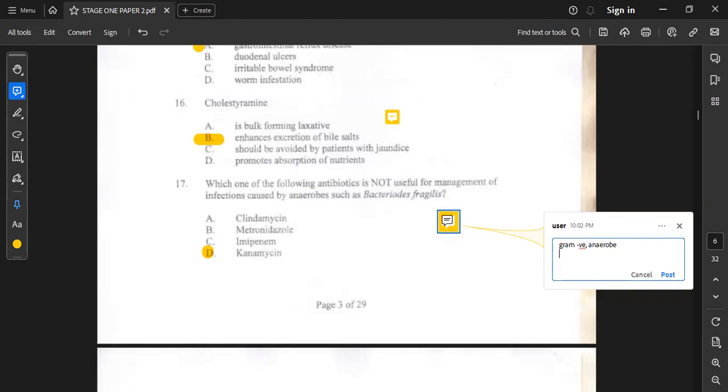It causes pelvic inflammatory disease. One of the diseases it causes is pelvic inflammatory disease, PID.